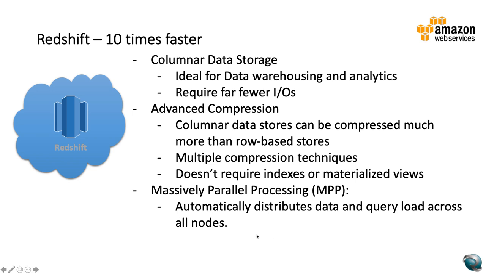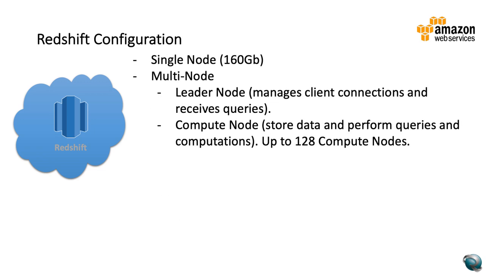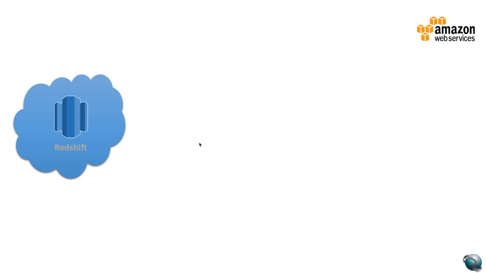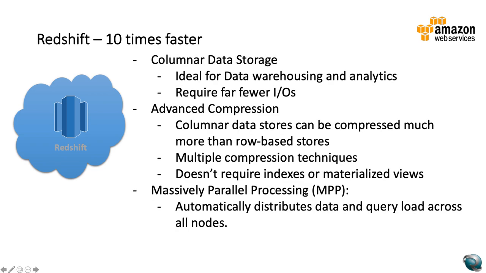So you could distribute the data and query load across all the nodes, which we talked about earlier, the leader node and the compute nodes. That's basically what we mean by massively parallel processing. So you could automatically distribute the data and load across all the nodes.